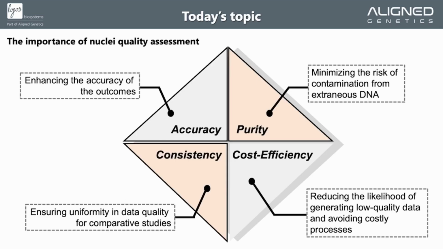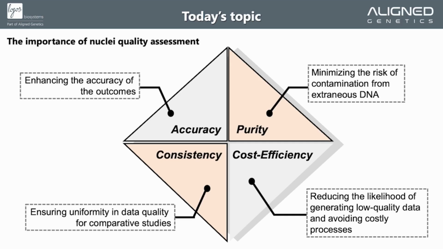And nuclei quality assessment is crucial for several reasons. First, you can enhance accuracy, so it leads to more reliable outcomes. Second, you can ensure purity by preventing contaminations from external DNA sources. Third, it maintains consistency.